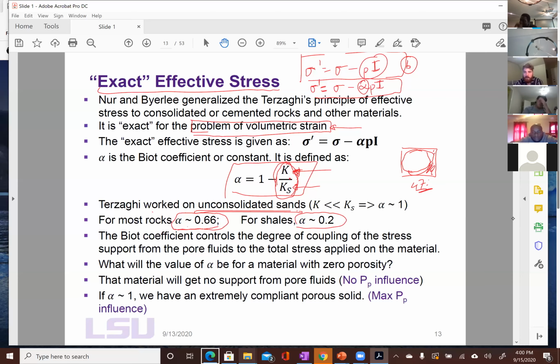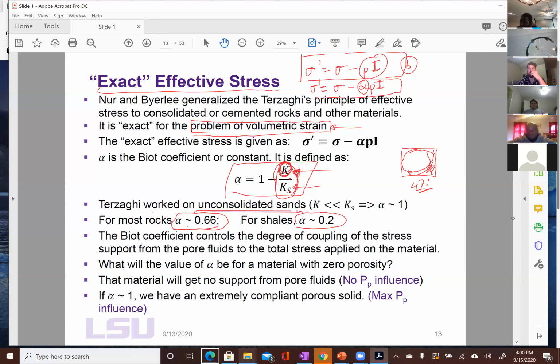So at that value, at the maximum theoretical porosity, that's when K is much less than Ks, right? So if K is much less than Ks, then the ratio of K to Ks tends to what? 0, right?